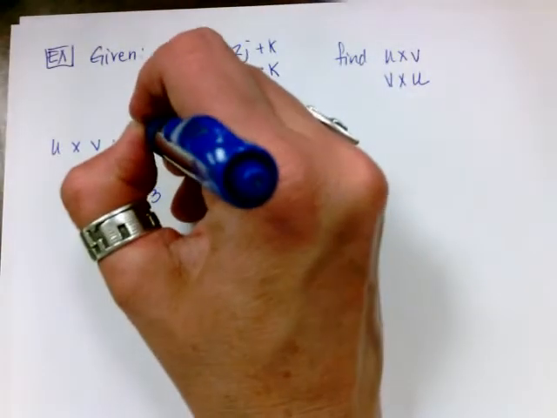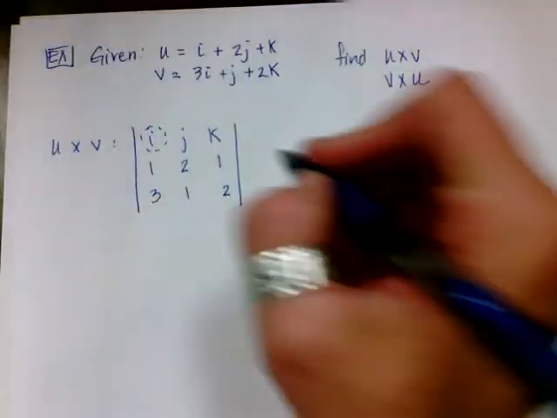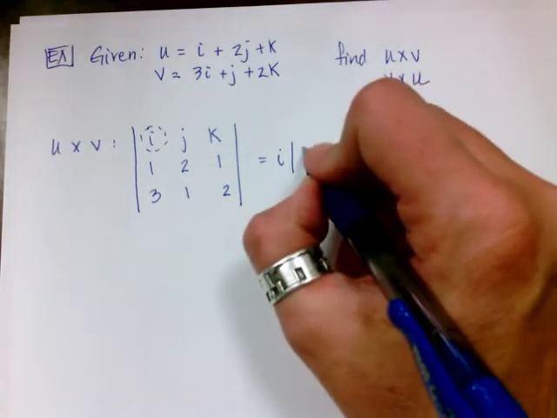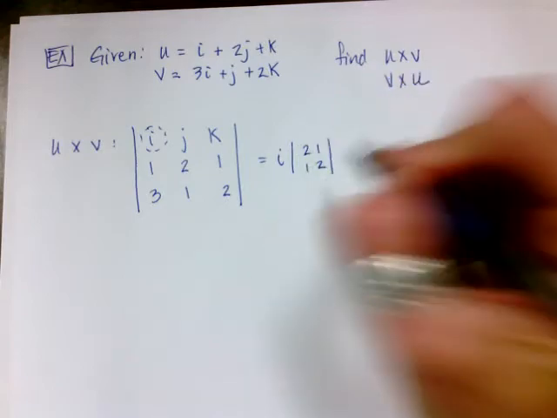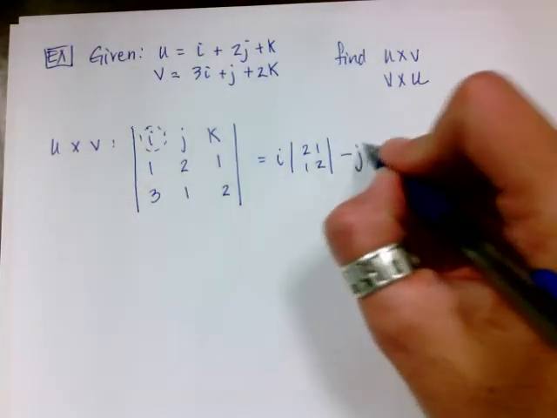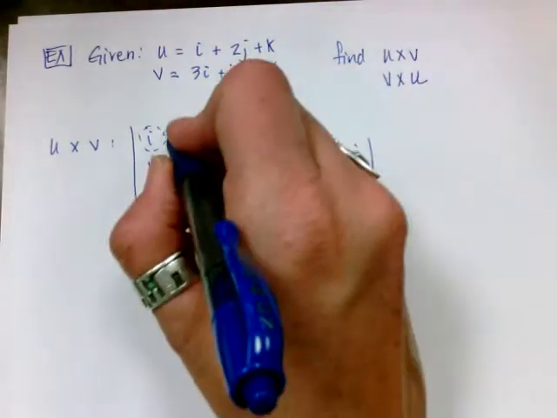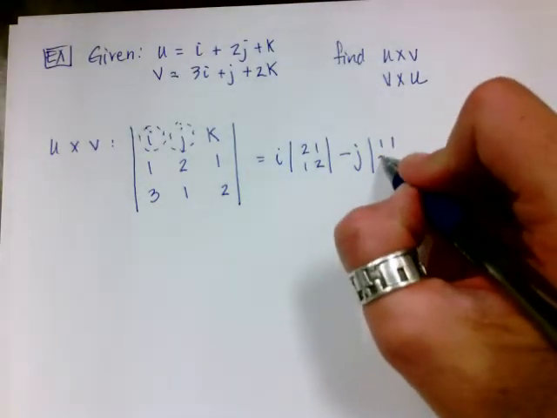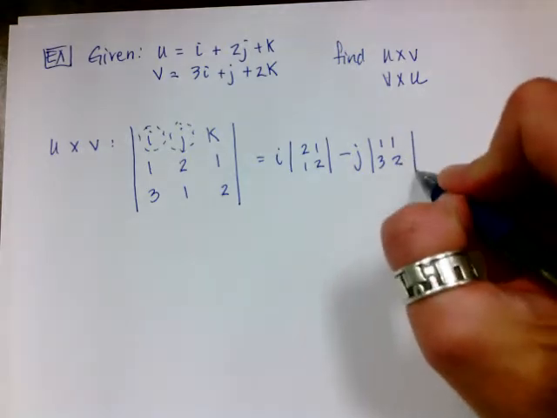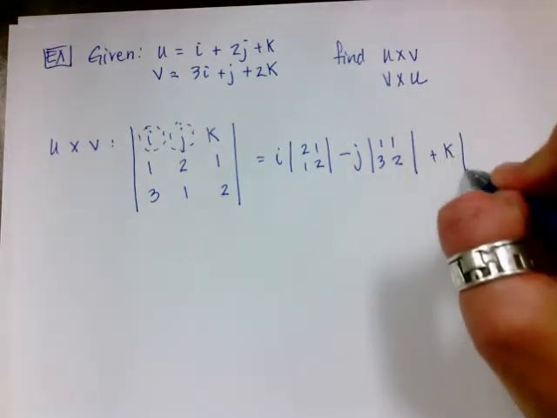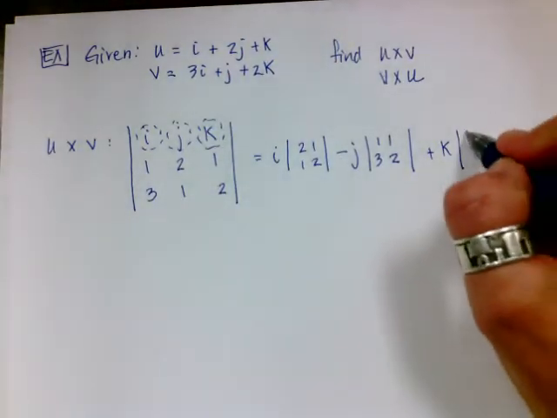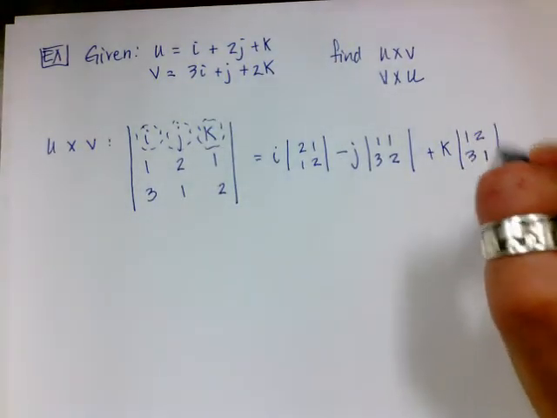Okay? So if I eliminate this guy, it's going to be I times 2, 1, 1, 2 left, minus J, it's always minus J, and if I eliminate first row, second column, 1, 1, 3, 2, and then plus K, eliminate first row, third column, I get 1, 2, 3, 1.